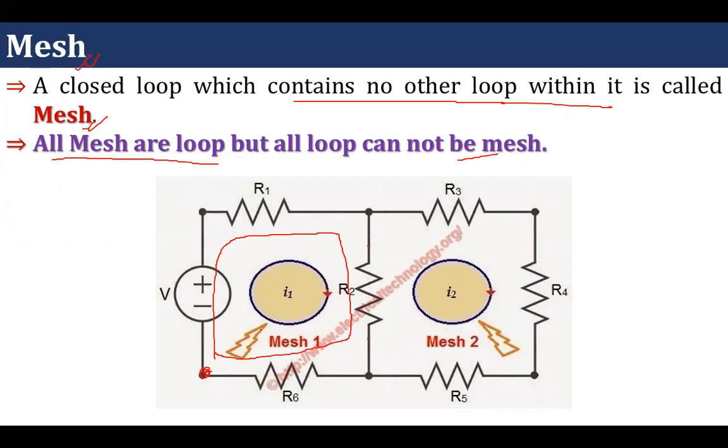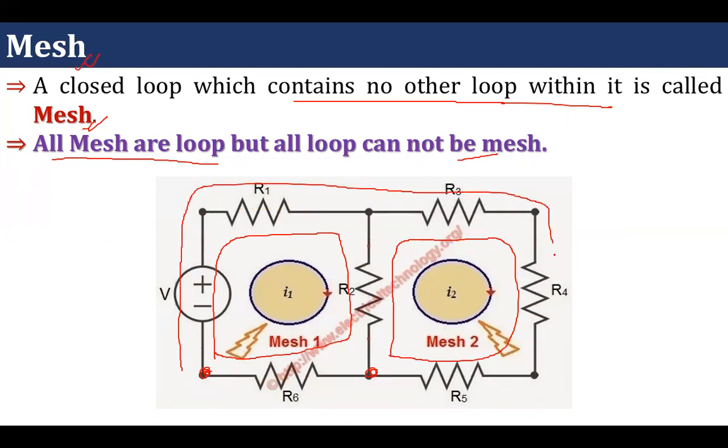So it is forming one loop. Again, I start from this node, go through these branches and reach the same node, so that is another loop. Then this is the third loop. So we have three loops within this network: loop number 1, loop number 2, loop number 3.